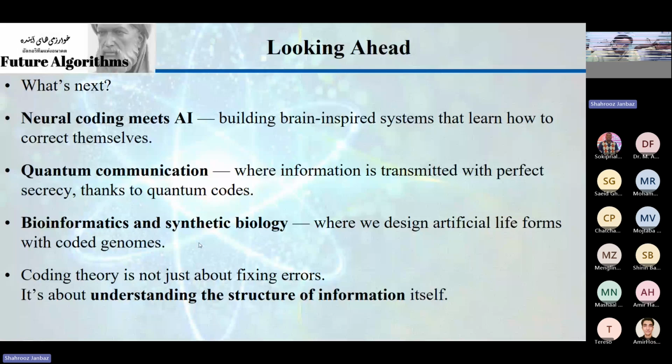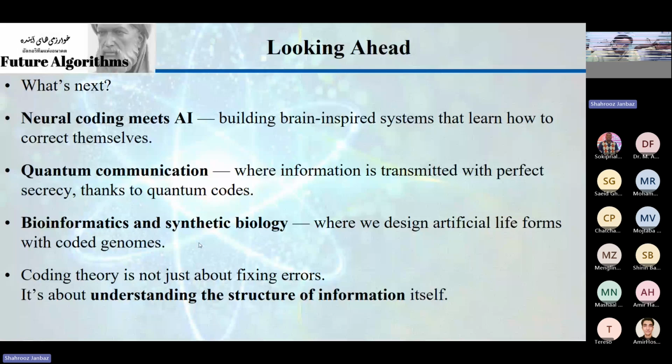Quantum communication: we have QKD, quantum key distribution, or the quantum internet, which needs quantum coding to correct noise in the quantum world. Bioinformatics and synthetic biology design artificial life forms with coded genomes. If one bit in the genome changes, the creature will be very different from other creatures.